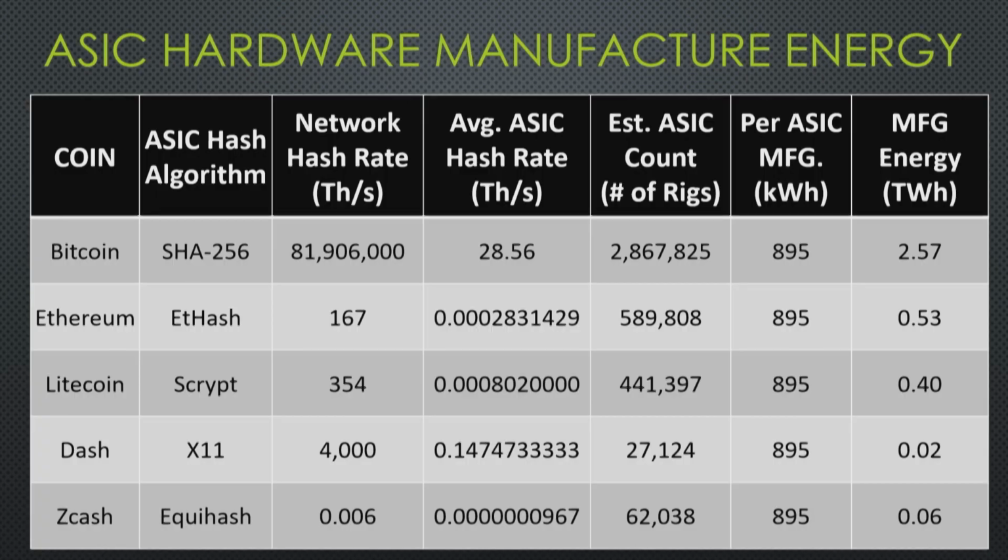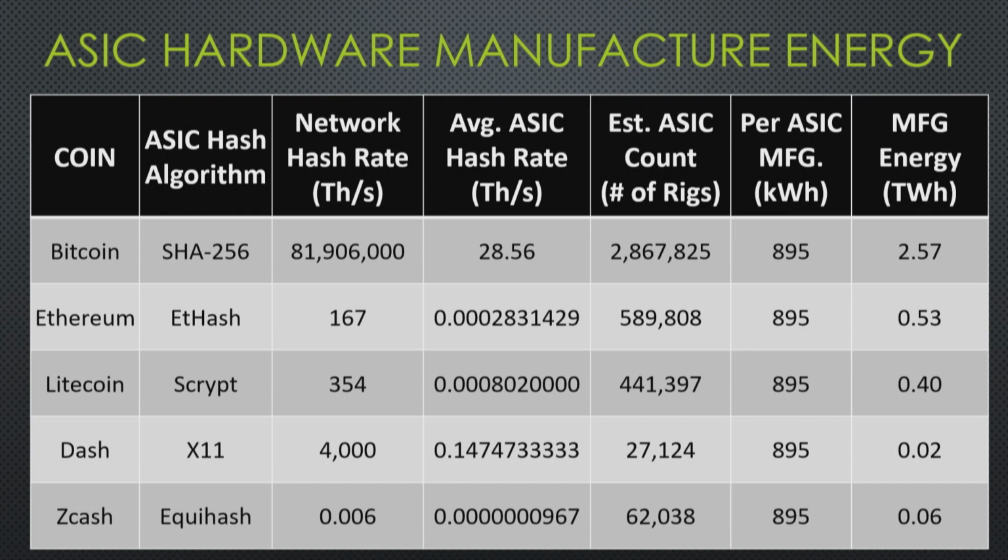And so taking that number and trying to estimate the amount of ASIC rigs on each one of these algorithms and mining towards each one of these chains, the way I thought would be best is to take the network hash rate, the total hash rate, and divide it by the average ASIC hash rate output from those previous ASICs that I cited in those graphs.